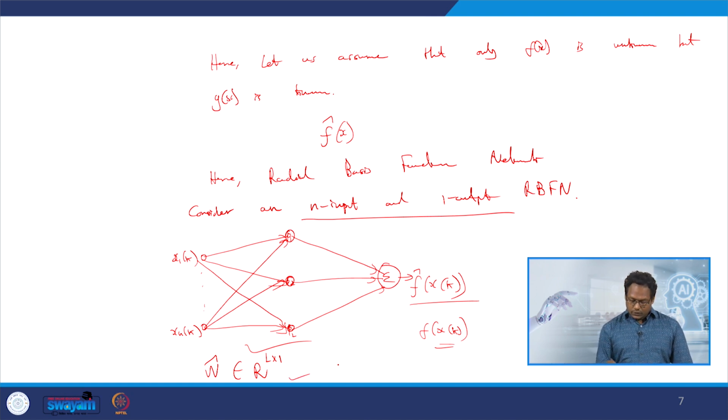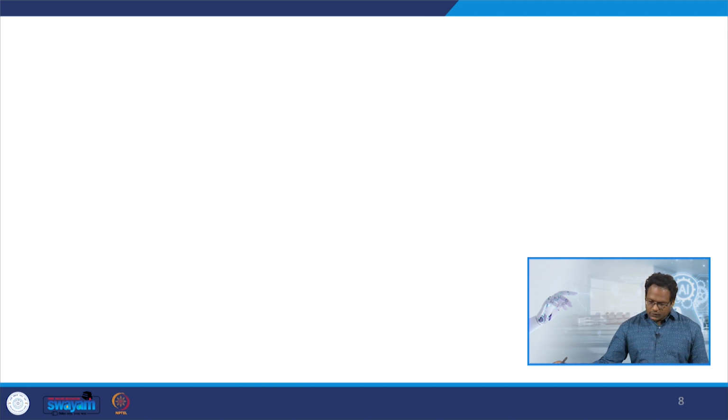So, the weight vector is associated with this, you can see. And we all know that the output is basically the linear representation of the weights associated with the output of the hidden layers.